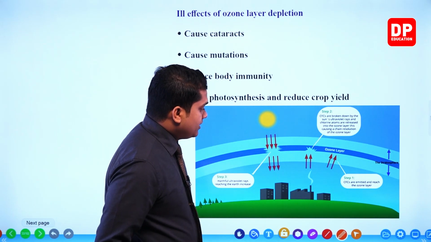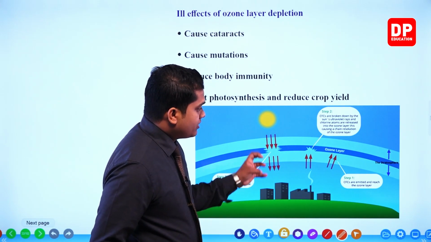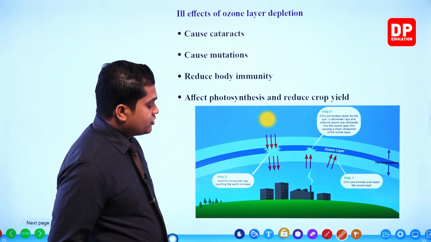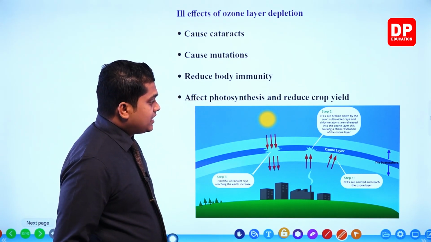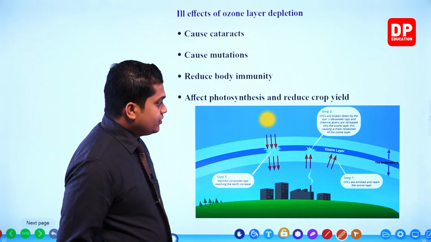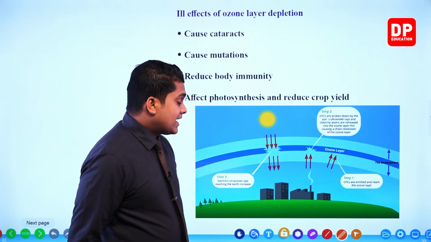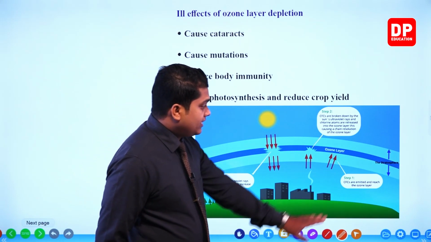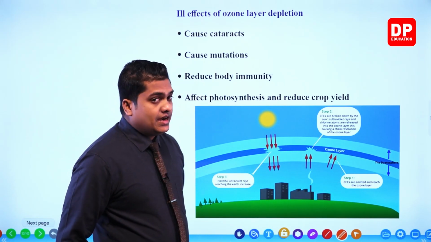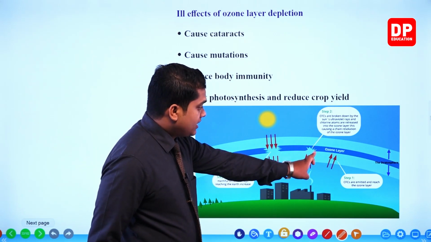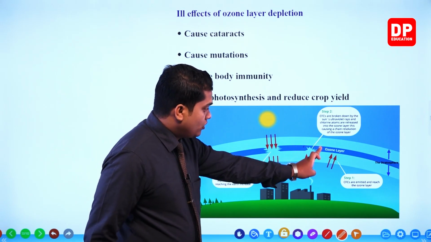That means these CFC gases are going to absorb solar radiation and especially ultraviolet rays. Then these ultraviolet rays, my dear children, are going to create atomic chlorine. Then this atomic chlorine once again reacts with the ozone layer and depletes it gradually, creating structures like holes.